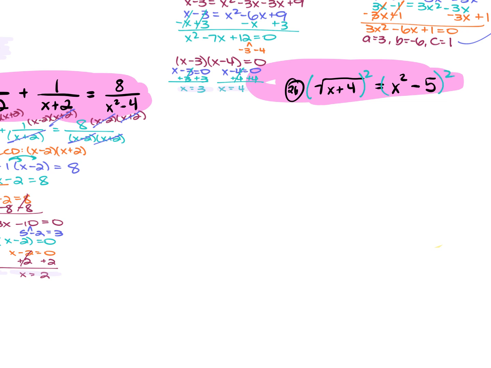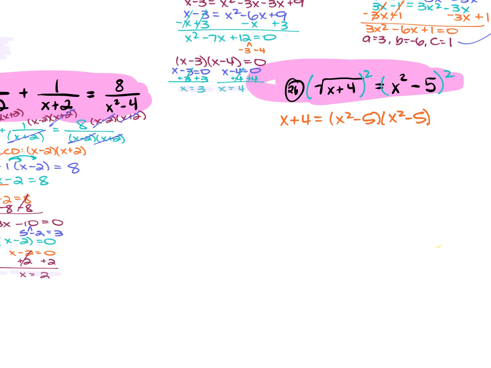Remember when you do this, your radical cancels out with that power, so you just have x plus 4 on the left side. However, that x squared minus 5 squared is x squared minus 5 times x squared minus 5. There's so many of you that distribute that power to each of the terms and do x squared squared minus 5 squared, and that's not the same thing. You gotta multiply it out, FOIL it out.